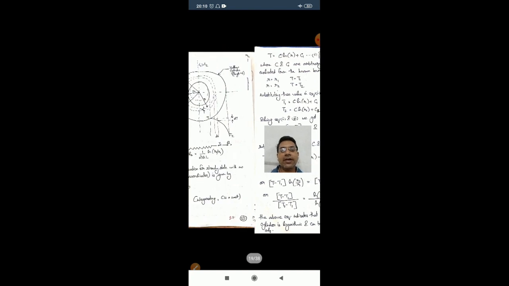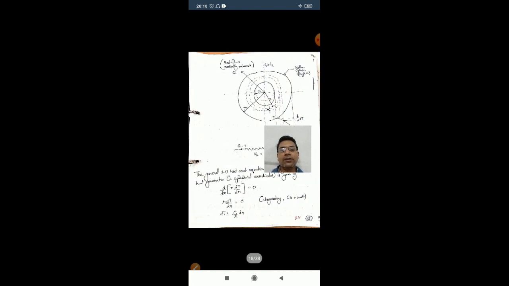Just going one slide back. Now at r is equal to r1, that means at this point, T will be equal to T1, and at r is equal to r2, T will be equal to T2.